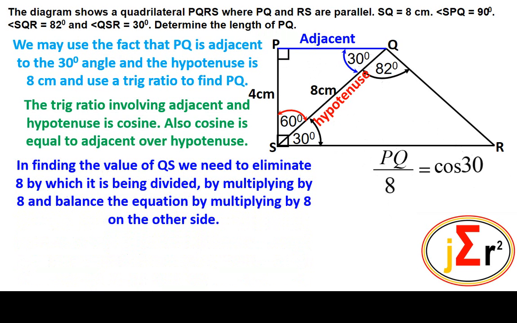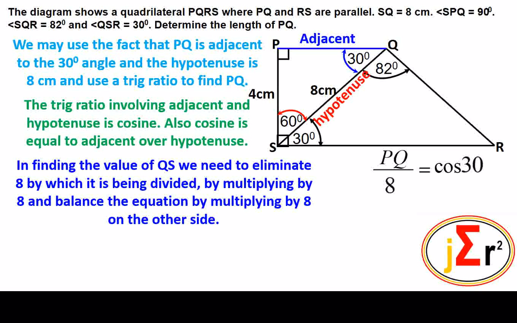In finding the value of the side, we need to eliminate the 8 by which it is being divided. Therefore, PQ is being divided by 8 on this left hand side. In finding PQ, we need to eliminate this 8, so that PQ will remain all by itself on that left hand side.